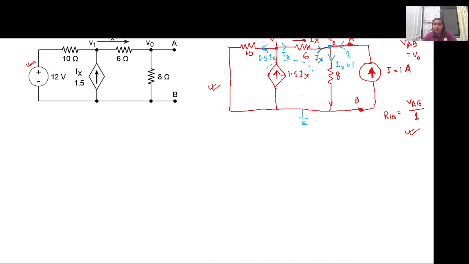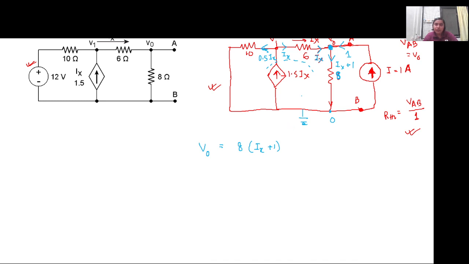For example, in this particular branch, this branch voltage V0 will be equal to 8 into (Ix plus 1), right? Because this will be the voltage drop across this 8 ohm resistance. This is the same node voltage. This is fine, right? Is this fine? Yes, ma'am.